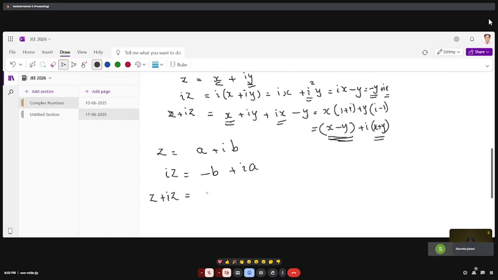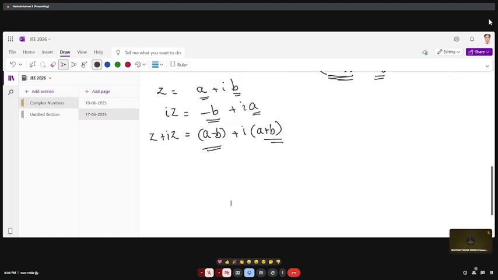Okay, x minus y, that is a minus b plus i into a plus b. So now these are the x coordinates and these are the y coordinates. So now that we know the x and y coordinates, what is the formula for area?